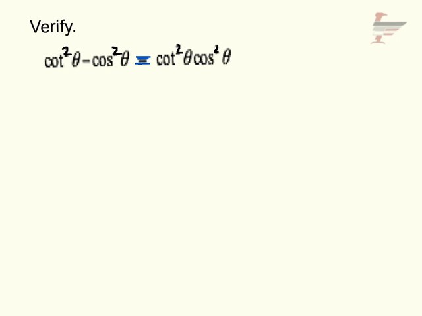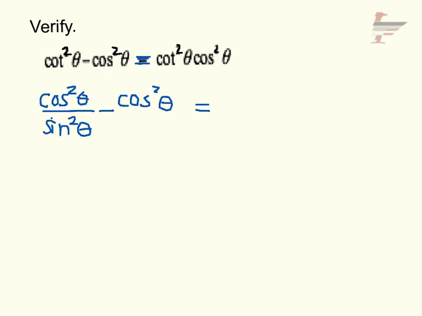Again, it really doesn't matter which side you choose. So I'm going to change my cotangent, I know, is cosine over sine. So cotangent squared would be cosine squared over sine squared. So I'm getting everything in terms of sines and cosines.